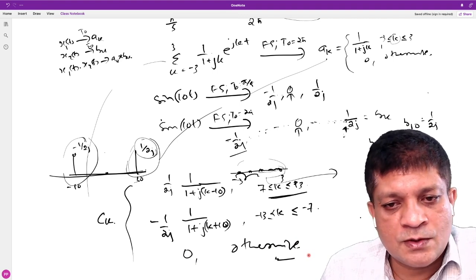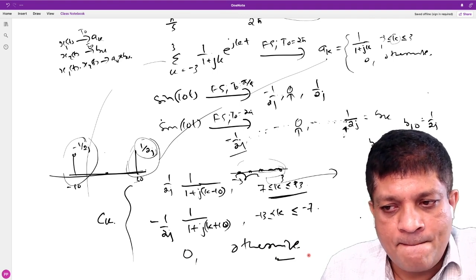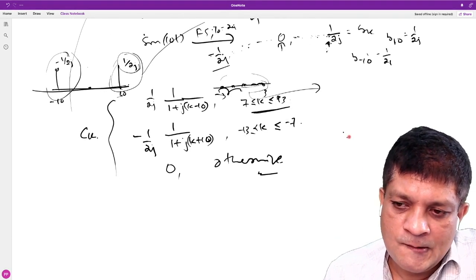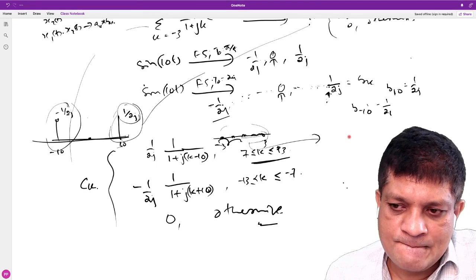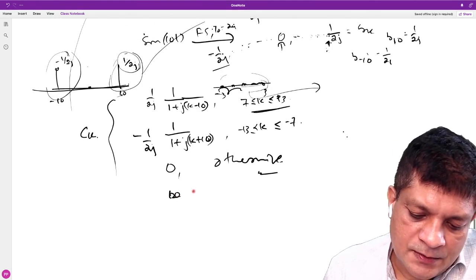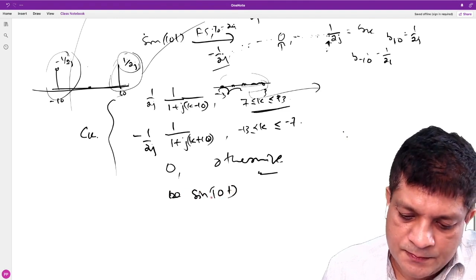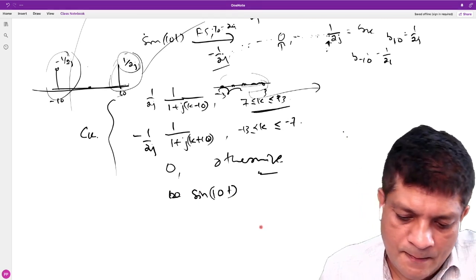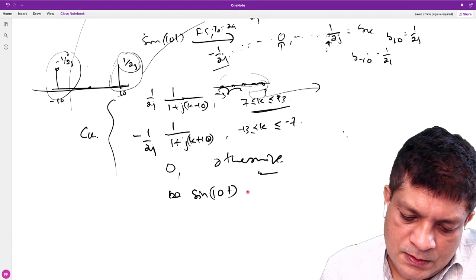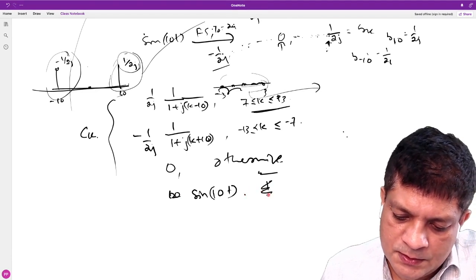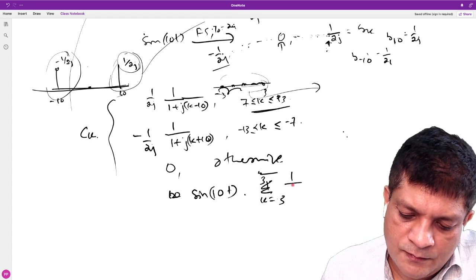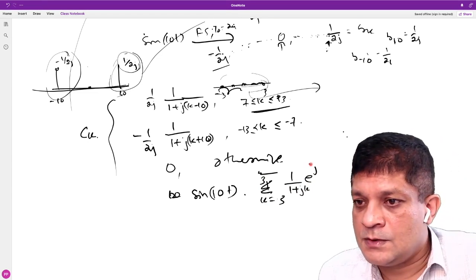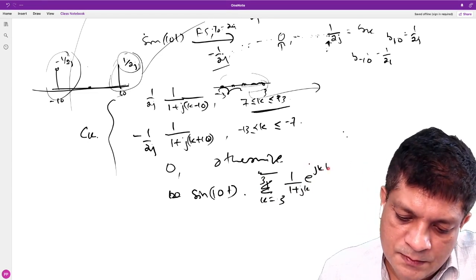That is using the multiplication property. Now, can we use any other property to find these Fourier series coefficients? What about sine 10t? Sine 10t times the summation from k equals minus 3 to 3 of 1 upon 1 plus j k, e to the power j k omega naught t.